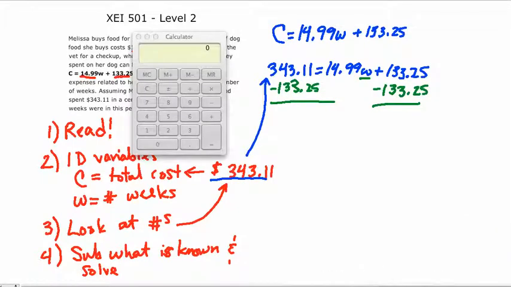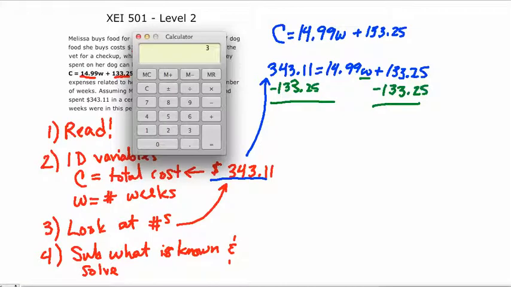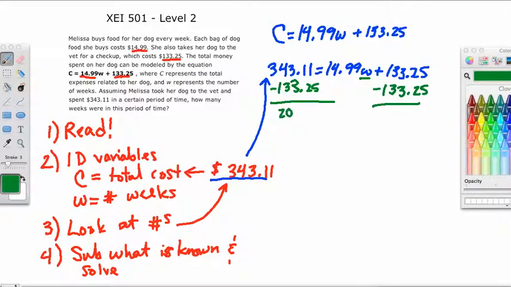Right here we're going to use the calculator, so 343.11 minus 133.25. We're left with 209.86. That's on the left.